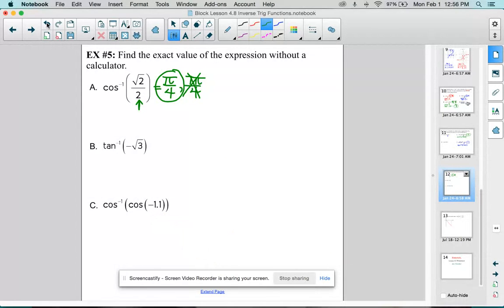Okay, let's try this one down here. What is cosine of -1.1? Is -1.1 in the domain of regular old cosine? Yes, it is. So you're going to make sure you're in radians. You're going to go cosine of 1.1, and you get 0.45, okay?